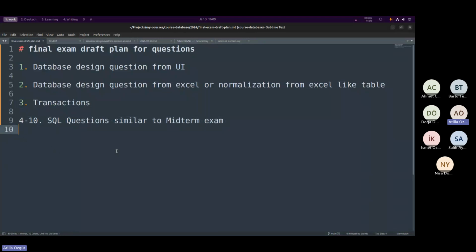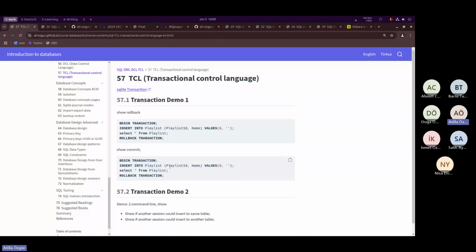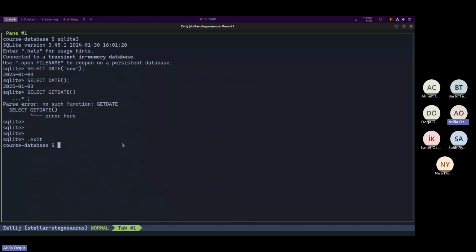Therefore, let us go over this transaction part. A transaction means that I am starting an operation, and while this operation is running, I am isolated from the other operations. Let's see this example. How can I show the example?